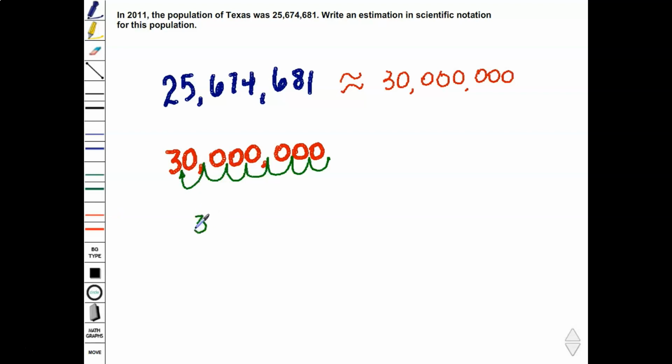In scientific notation, the population of Texas will be 3 times 10 to the 7th power. The population of Texas is about 3 times 10 to the 7th people.